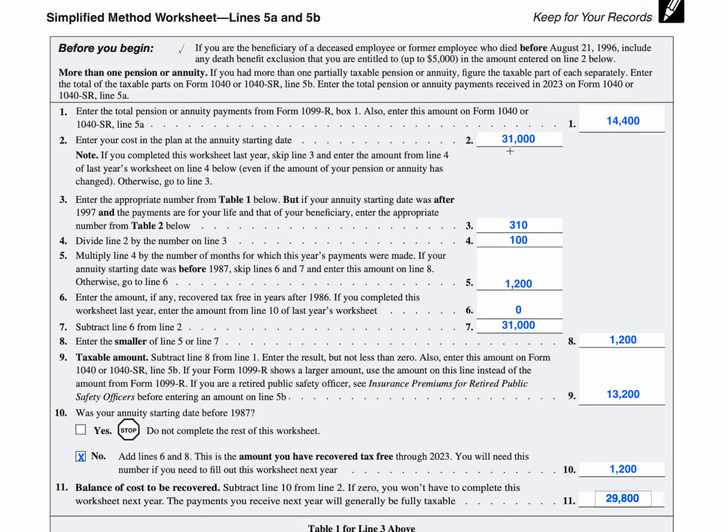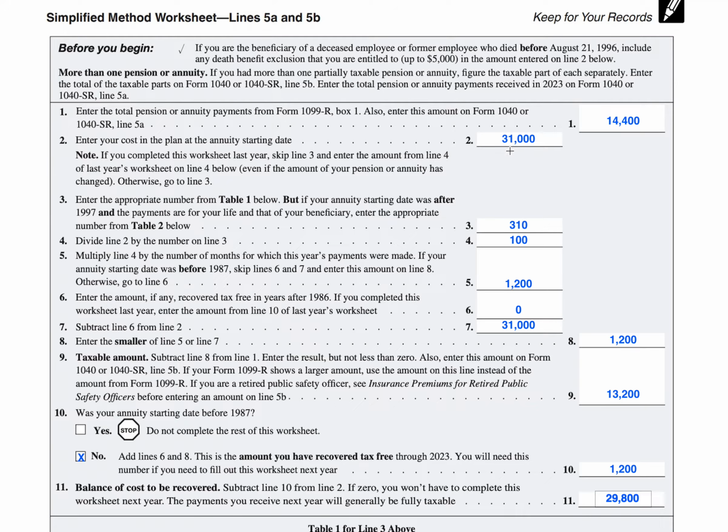Bill had contributed $31,000 to a qualified plan and did not receive any distributions before the annuity start date. He is expected to receive a monthly retirement benefit of $1,200, and then his spouse will receive a survivor benefit of $600 upon Bill's death.